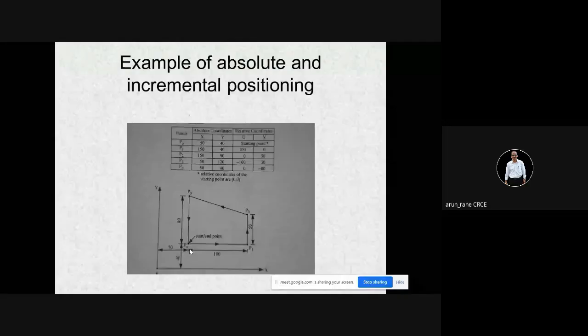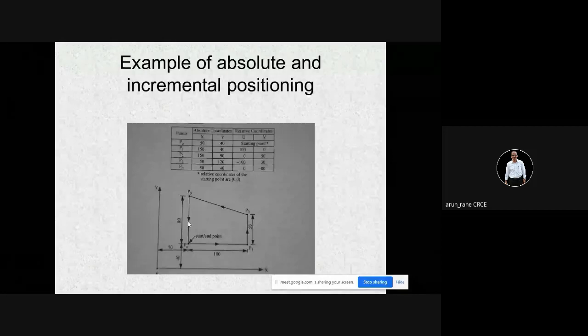How will you specify it in the program? G90 x50 y40. Now point number P1: what is the coordinate of this point with respect to this?